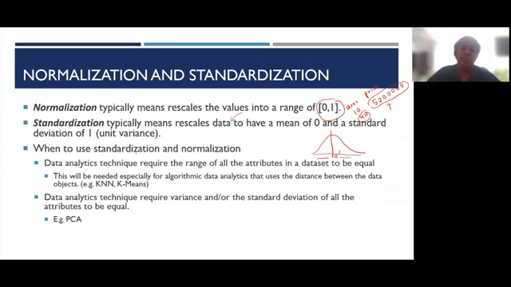So when do you use standardization or normalization? Some data analytic techniques require the range of all attributes of the data set to be equal. For example, k-means will give you a different combination if you rescale. This is especially needed for algorithms in data analytics that use the distance between data objects.